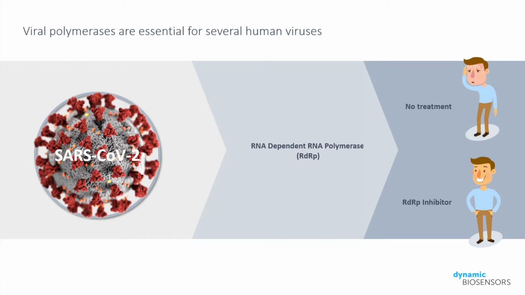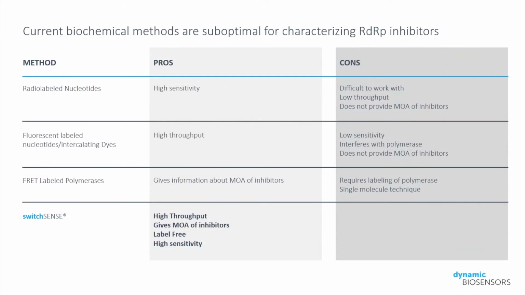Again, we'd obviously like to see more of these come to clinic, but there is a limit on the biochemical side, because the current biochemical methods have some problems. The classical way to study polymerases and their activity is using radiolabeled nucleotides, obviously very high sensitivity, but because they're radiolabeled, they're difficult to work with.